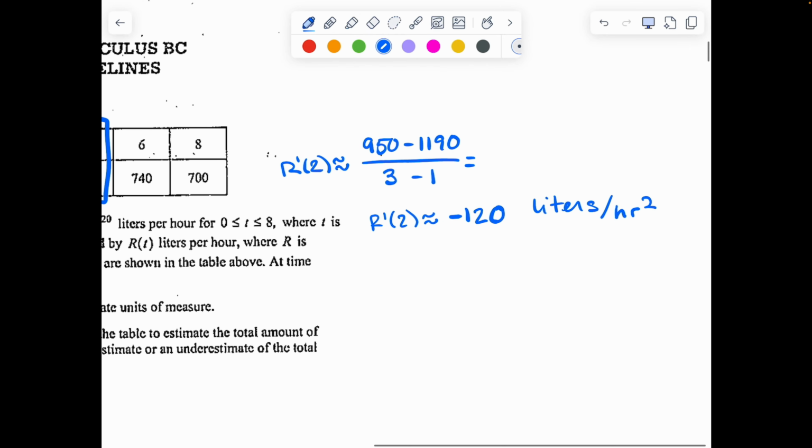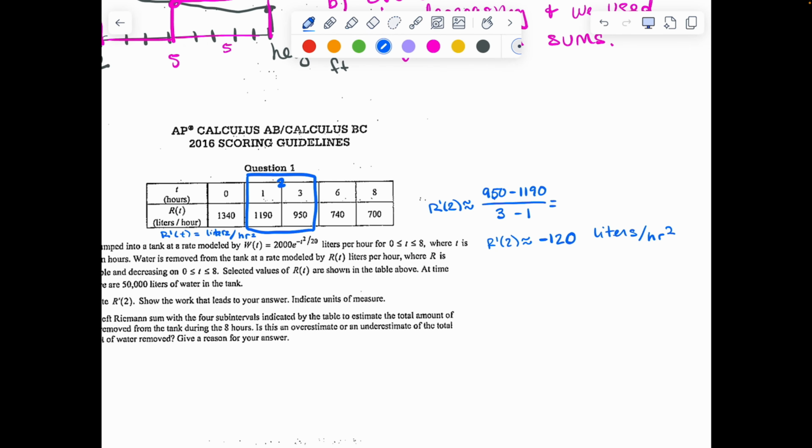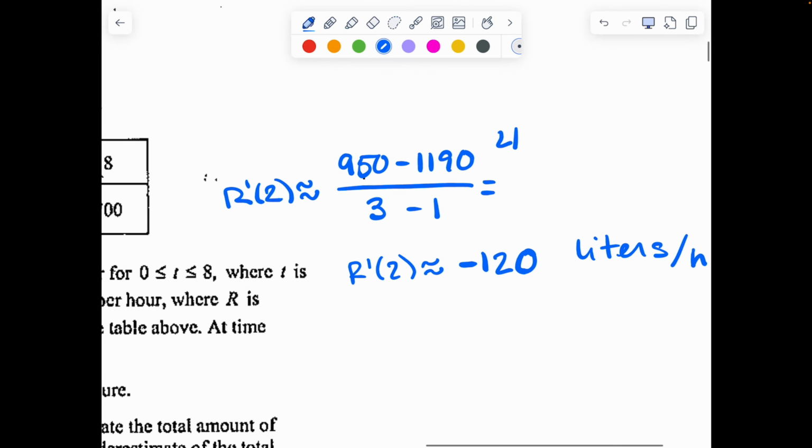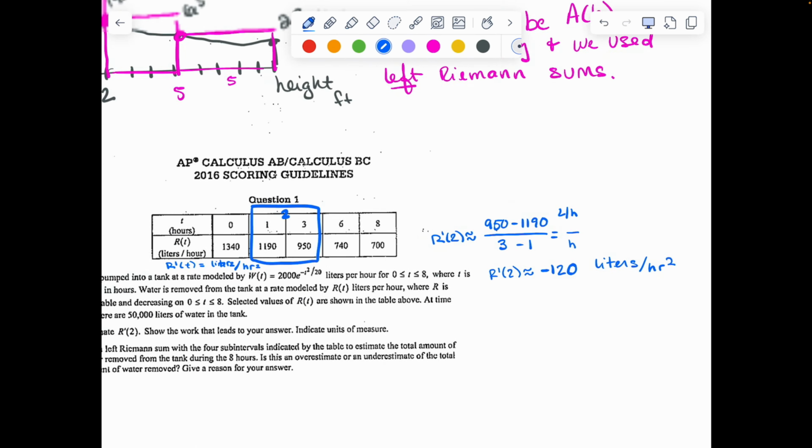How do I know that? Think about the units. When I calculated the slope, I had liters per hour in the numerator divided by hours in the denominator. That's liters per hour squared. You can always go back to unit analysis. If you're not sure what the units are, write them down next to the values you picked from your table. So that's the first part.